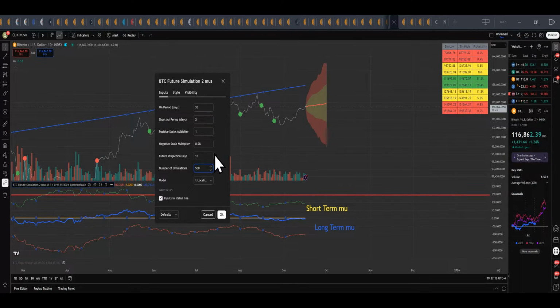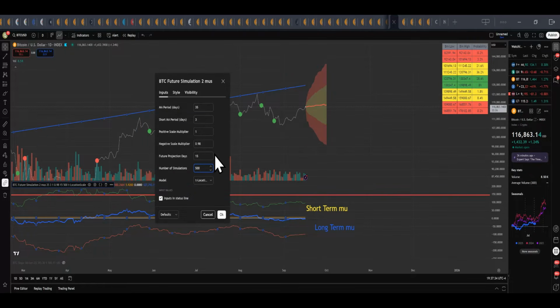So there is a slight difference. With 500, it's pretty stable. See, it's not changing much between every run. It's like it's doing the experiment again and finding basically the same value.